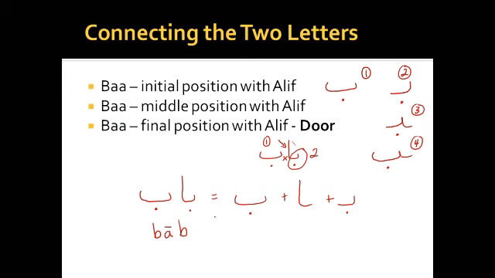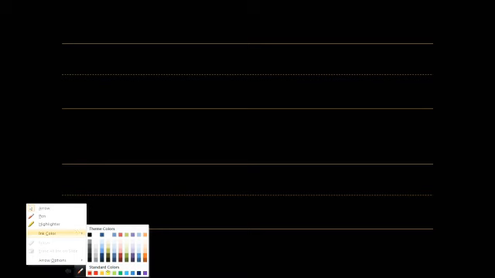Let's write it a few times together so we get some practice. Again, I'm going to change my color to yellow. Let's write bab. So we have bab here. There we have initial position, alif in the medial position, and the ba by itself, independent position.